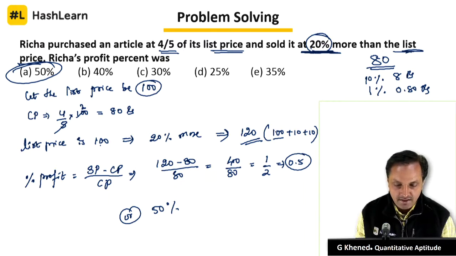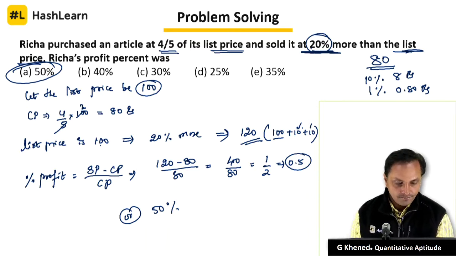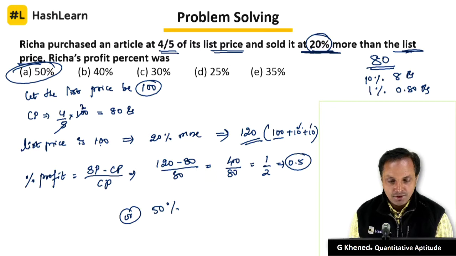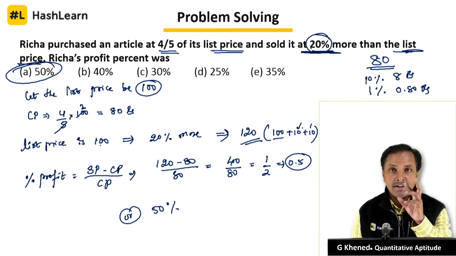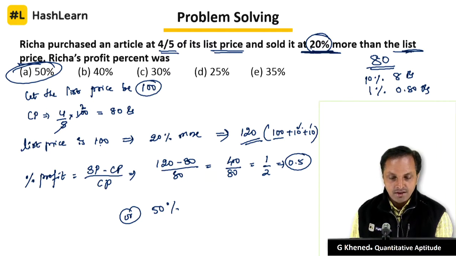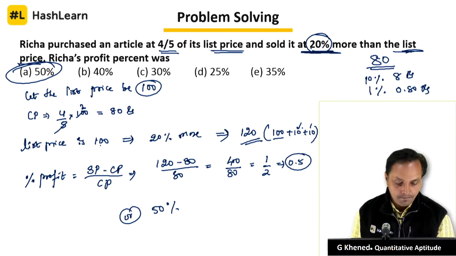The list price is 100 plus 20 will give you 120. So it is sold at 120 rupees and it was purchased at 80 rupees. The difference amount was 40. So 40 by 80 will give you half, which is 50% profit Richa is making.